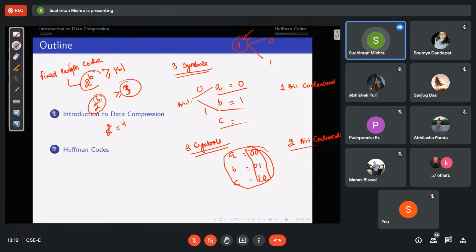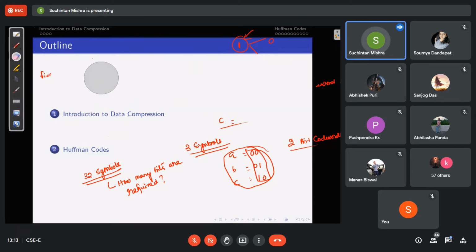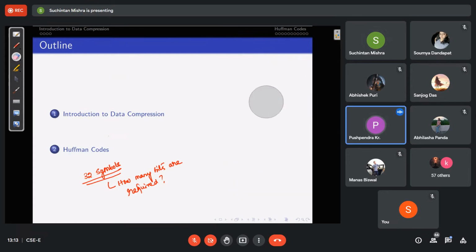Okay, now if I have 32 symbols, how many bits are required? If I have 32 symbols, how many bits are required? 5 bits.